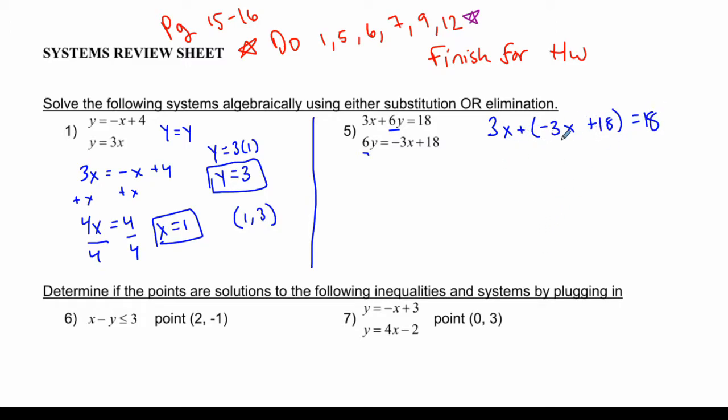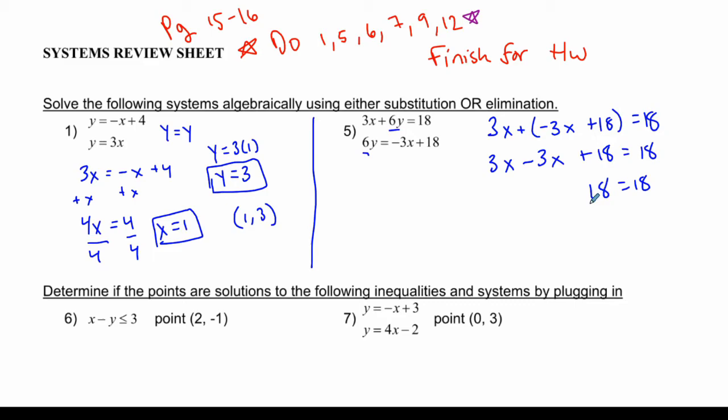It looks like there's nothing to do in these parentheses, so I'm going to take them away. Plus minus, so plus negative we can write as minus, so 3x minus 3x plus 18. The 3x's are going to cancel. We get 18 is equal to 18.